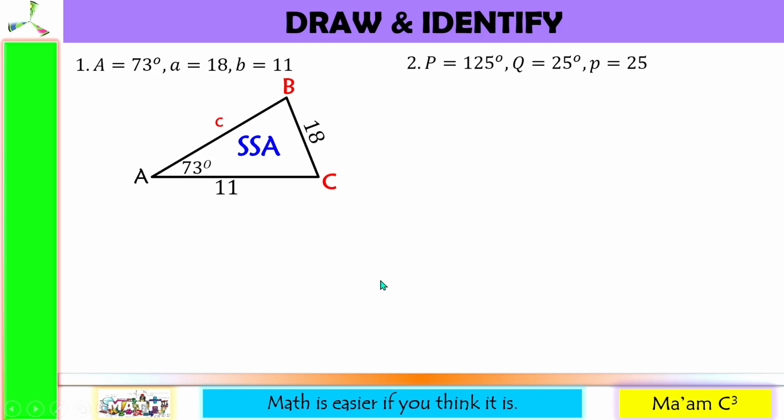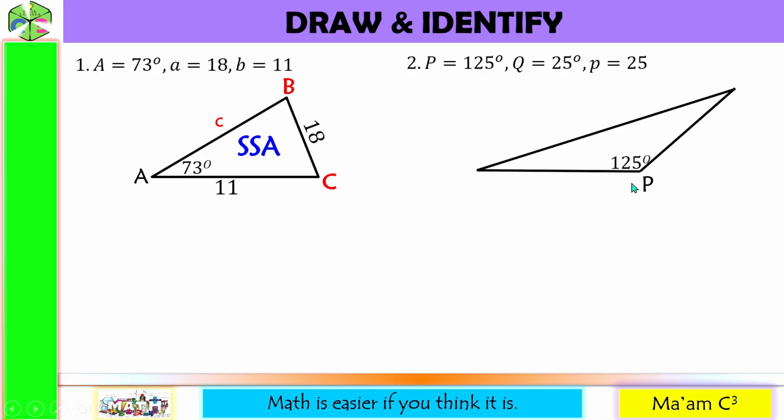Next, number 2. We have angle P is 125 degrees, angle Q is 25 degrees, and side p is 25. Let us create a triangle. I have here an obtuse angle, so let me put angle P here and label this 125 degrees. Opposite angle P is side p, and it is given 25.